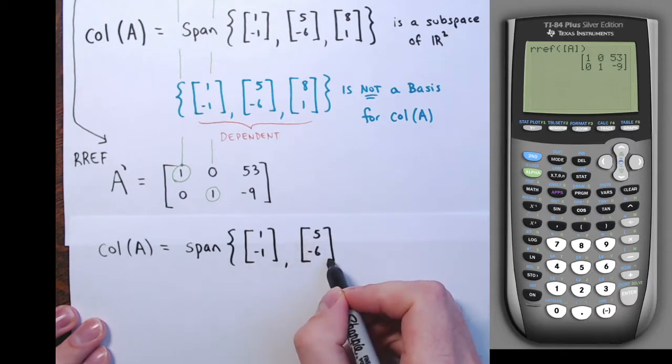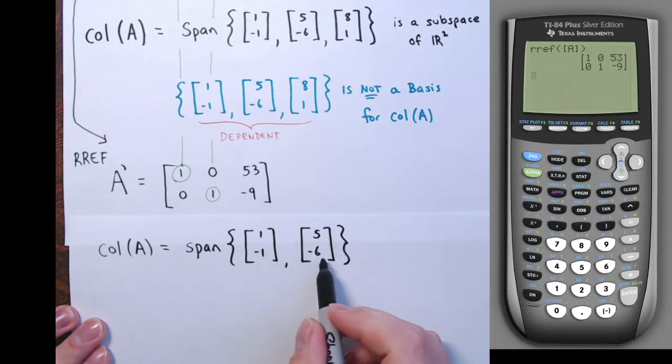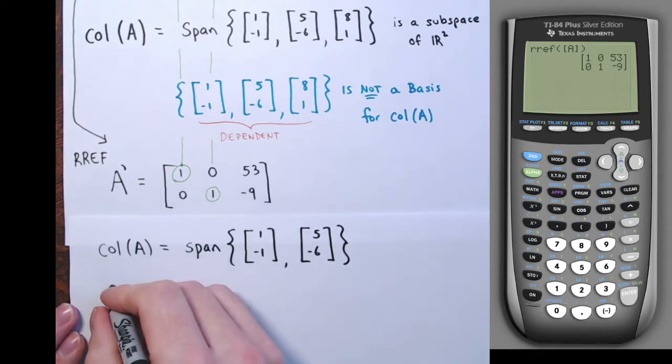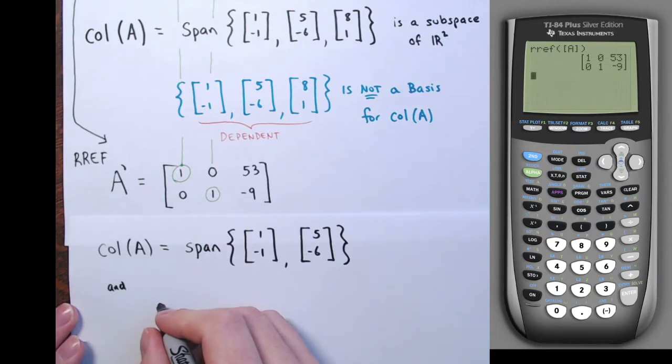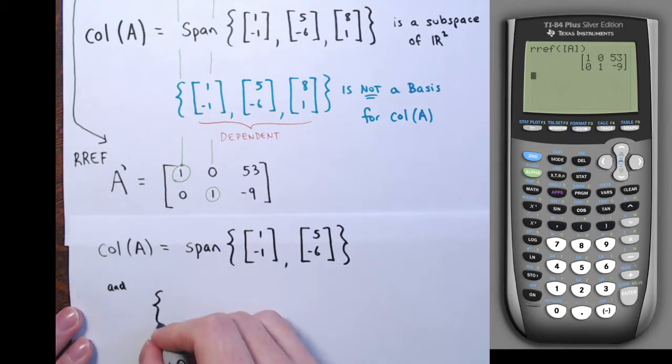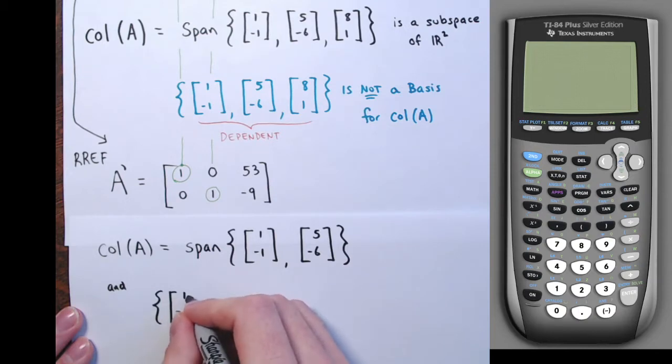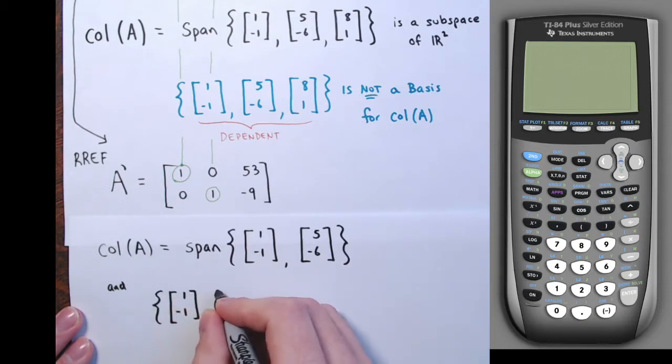And these are independent vectors, and they span the space. So we also have that the set with these two vectors in it is a basis, the most basic building blocks of the column space of that matrix.